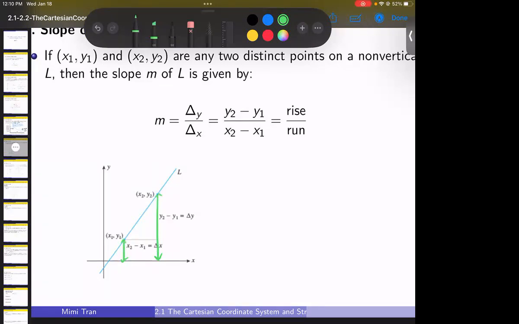If I want to find the difference in between, what do you do? You subtract them, right? If I want to find this little bit right here, then y2 minus y1. Same thing with x2 minus x1. The width of x2 is this long, and the width of x1 is this long. You want to find this.